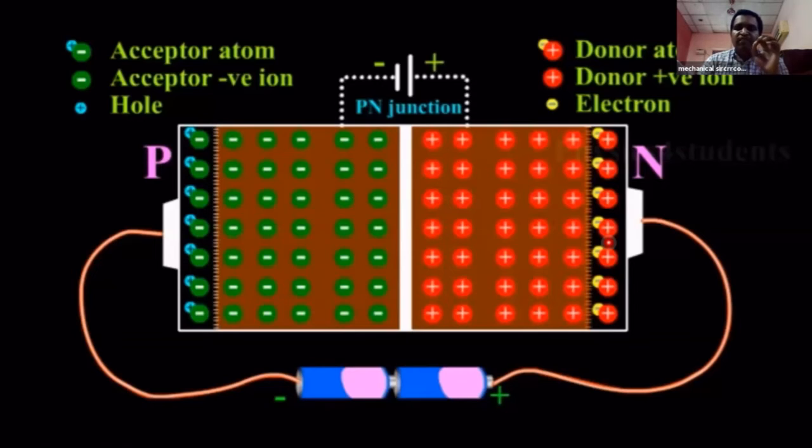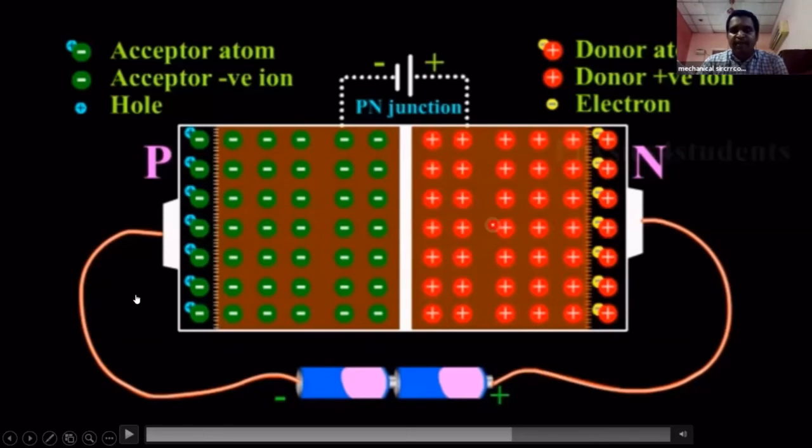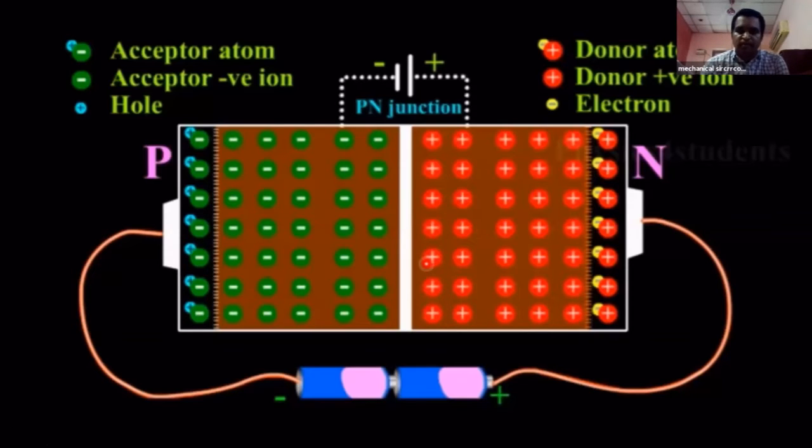Because of these minority carriers, a small current in microamperes flows through this junction, but the current is in the reverse direction. The direction in forward biasing is the normal flow direction for current. The little current due to the minority carriers is reversed, a reverse current.